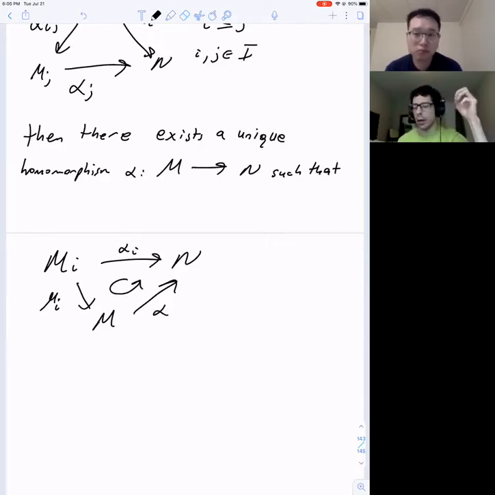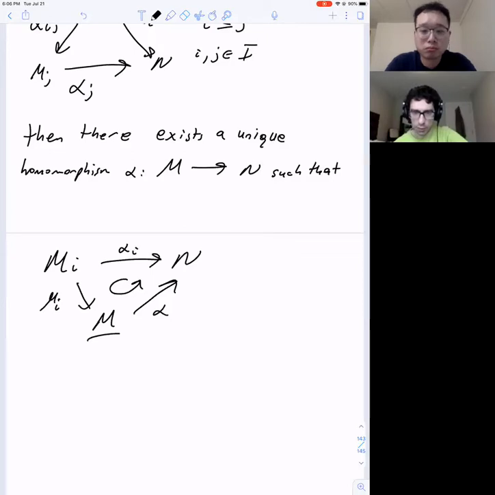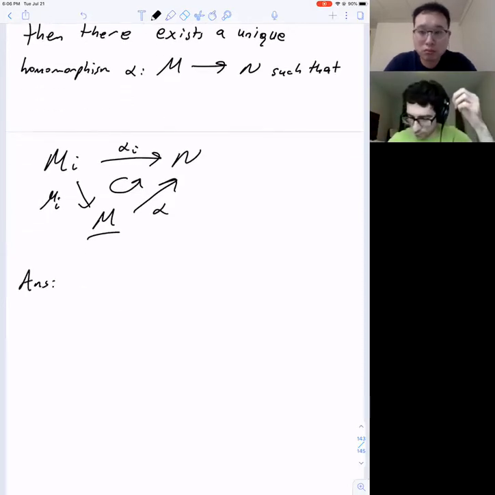So I claim that M, the direct limit, is the universal object for this type of property. So how did I prove this? So to start, this is very hand wavy.